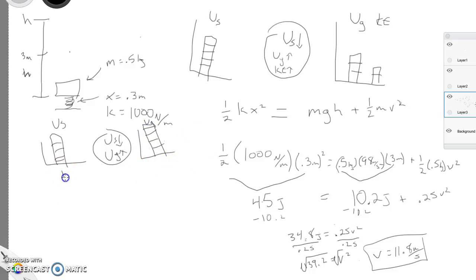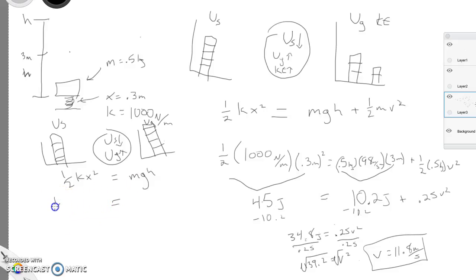So when we write our equation, it's just 1/2 kx squared equals mgh. You know the mass, you know what x is, and you know what k is. Go ahead and solve for h, and then submit your answer.